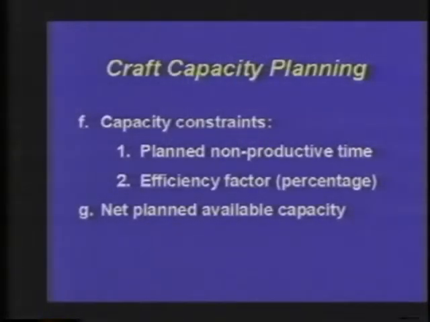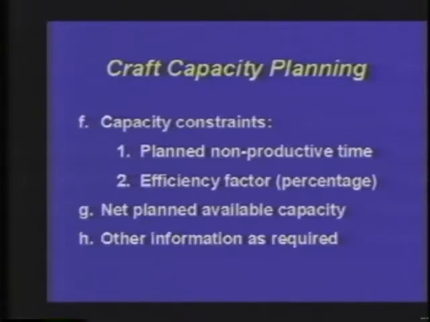That means everybody is working at the same level of efficiency. And G is the end result, which is the net planned available capacity. So those data elements in E, F, and G comprise the craft capacity requirements, and they're used in the craft capacity formula. And again, item H pertains to any other additional information that you may require.